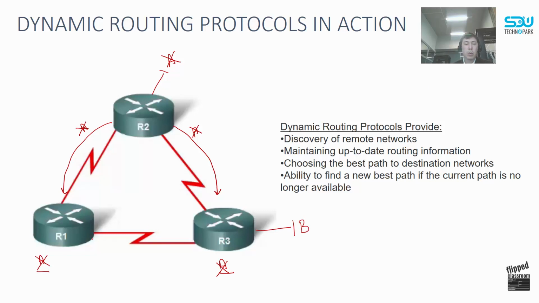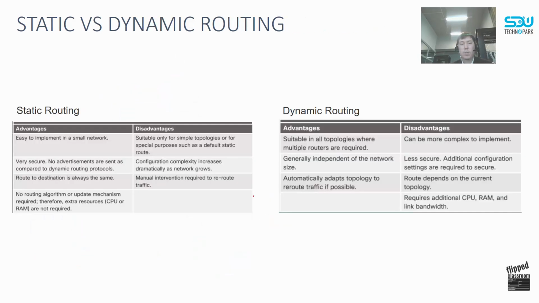Router 1 knew about network B, that it is connected through router 3. The path was like this. But if something wrong happens with this link, then router 1, by using the help of the dynamic routing protocol, will be able to find additional paths, or we may say the backup path.